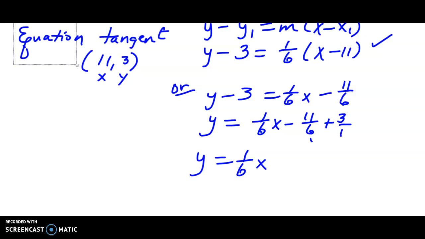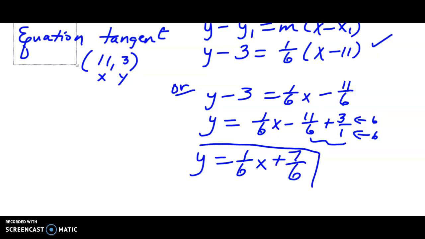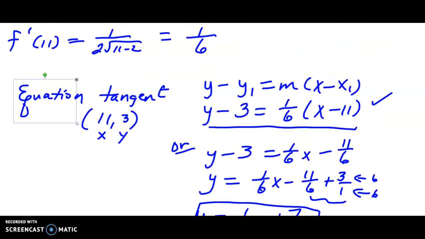So this is over 1. So if you multiply this by 6, you'll get 6. Multiply this by 6, you'll get 18. And negative 11 plus 18 would give you 7 over 6. So slope intercept form or point slope form is fine to write the equation of the tangent line.